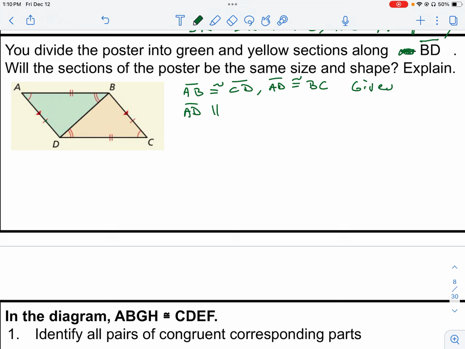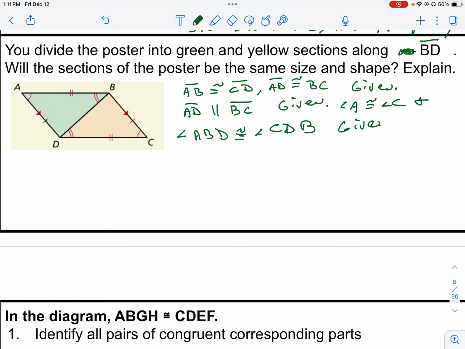AD is parallel to BC. Also given. Angle A is congruent to angle C. And angle ABD is congruent to angle CDB, all given pieces of information.